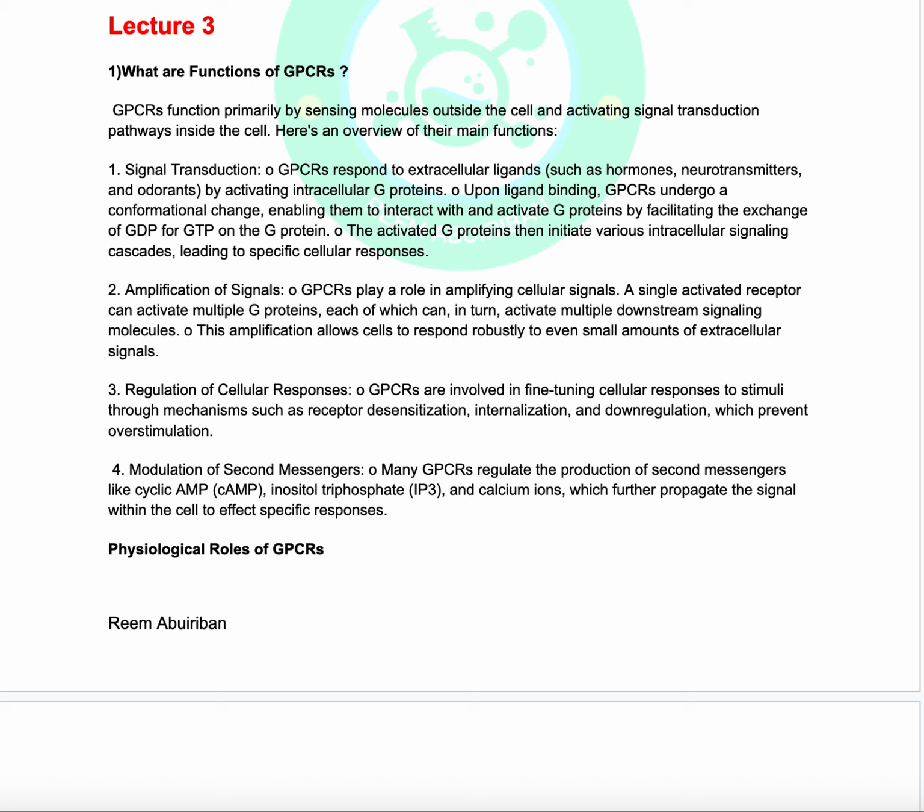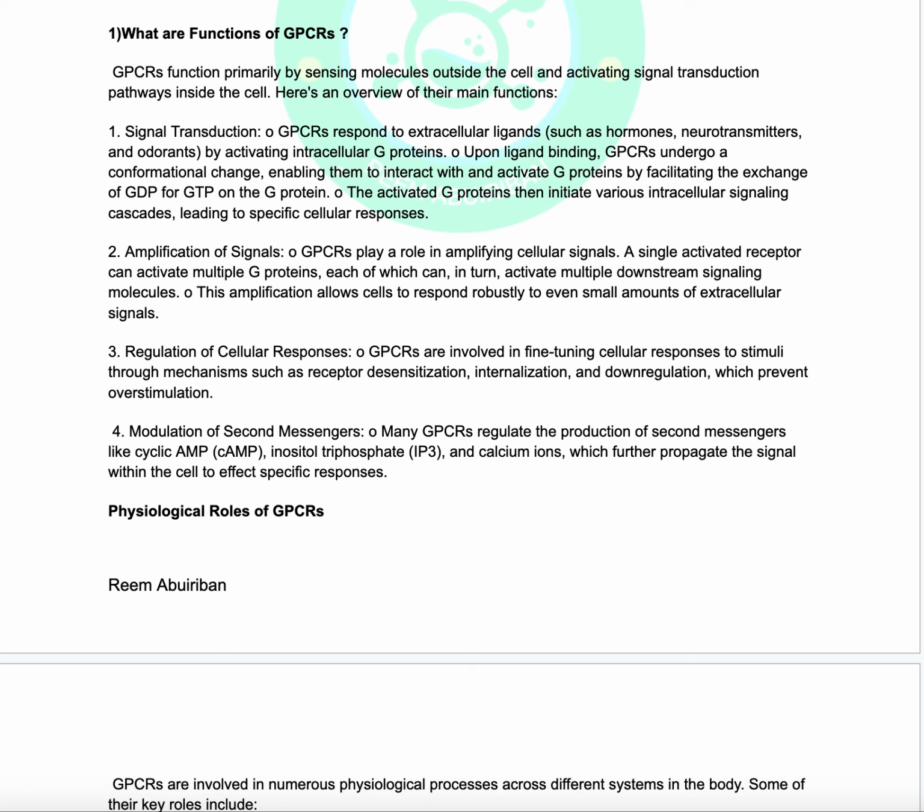Then the other function is amplification of the signals. GPCR, or we can say G protein, plays a role in amplifying cellular signals. A single activated receptor can activate multiple G proteins. Do you know what is meant exactly by amplification? It's like making it huge or making it bigger.